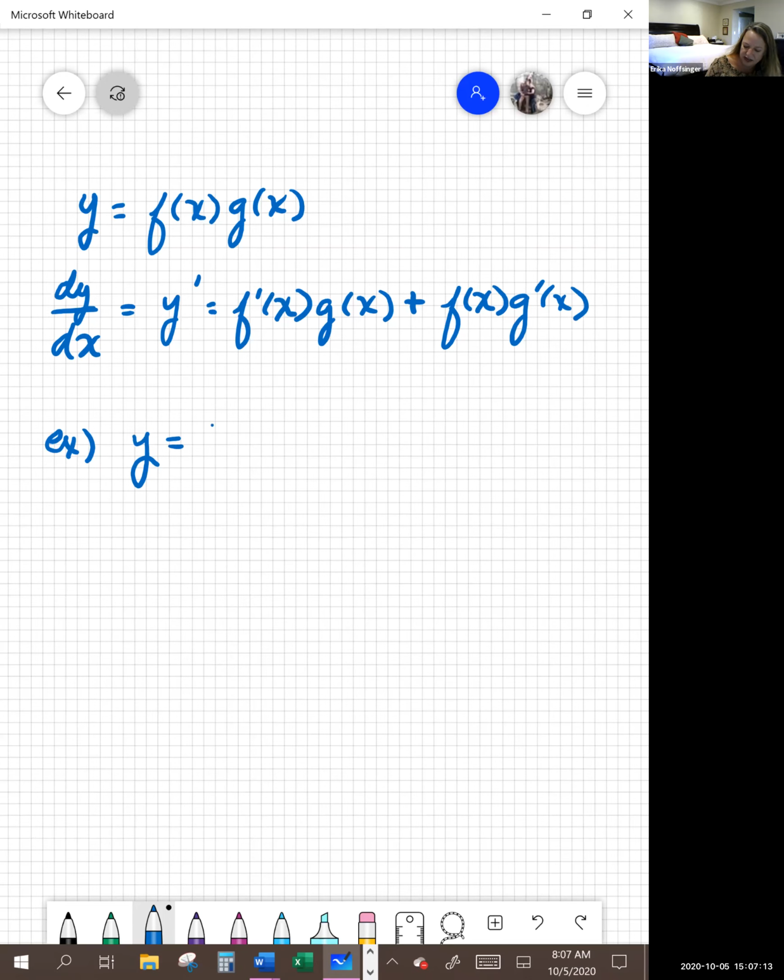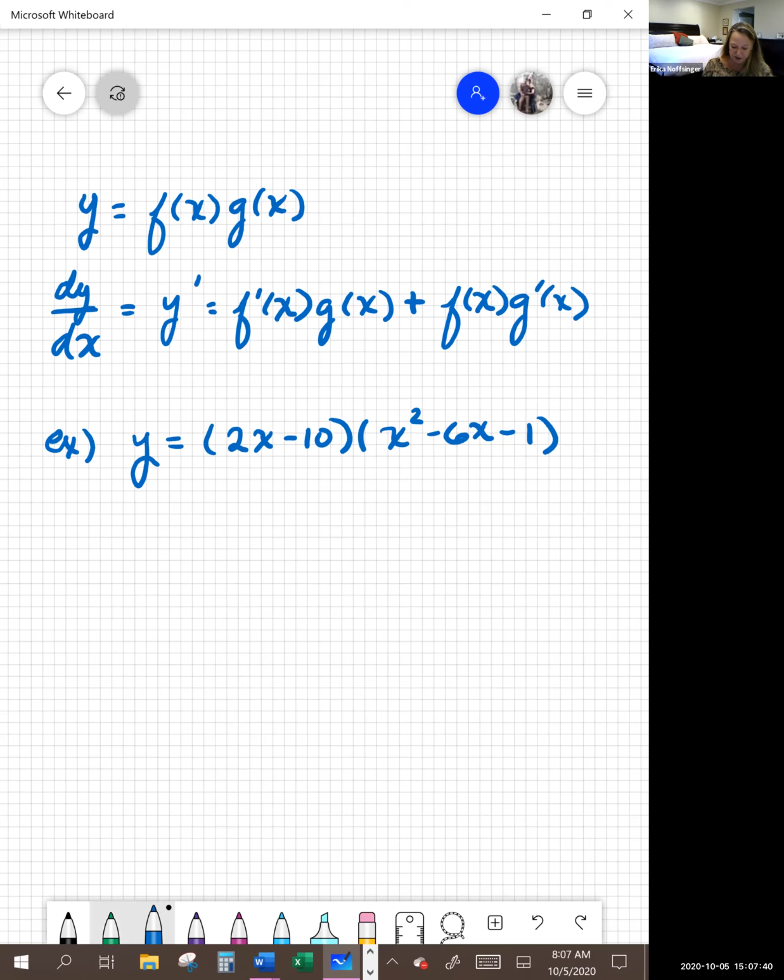So let's say that we had 2x minus 10 all times the quantity x squared minus 6x minus 1. Okay, so we could do this by distributing and then using the general power rule for each term, or we can use this rule up here.